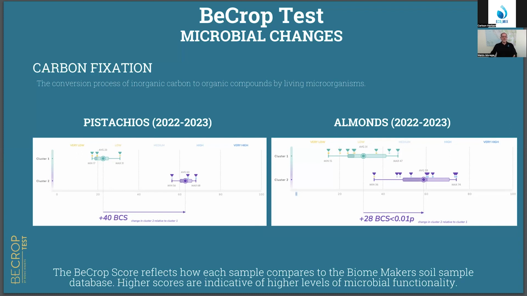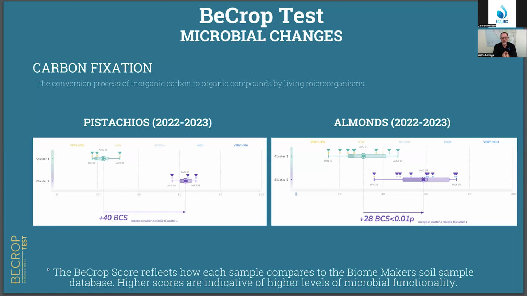And these are the changes we have seen related to carbon and NPK. So you can see on the carbon fixation, this is to fixate carbon in the soil, the bacteria present that help with this process grew like 40%, or 40 BeCrop score, because it's a scale from 1 to 100. So it's valid to say 40%.